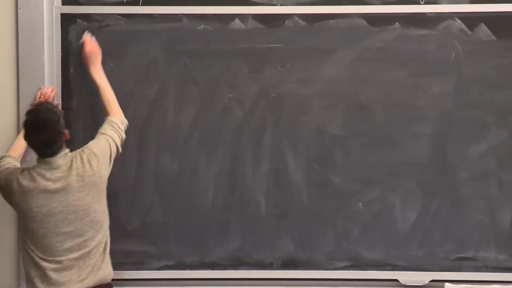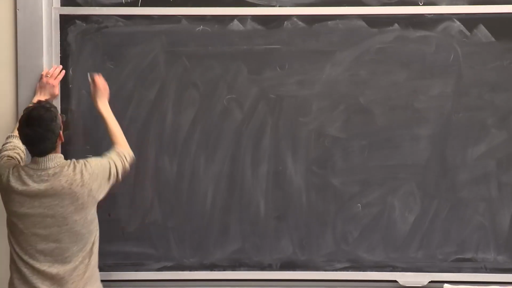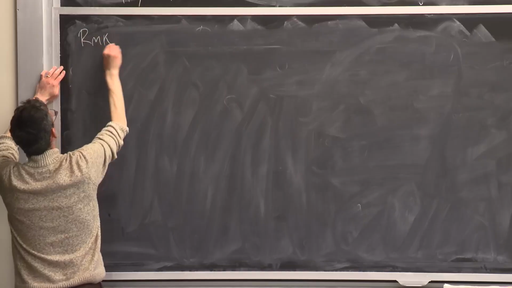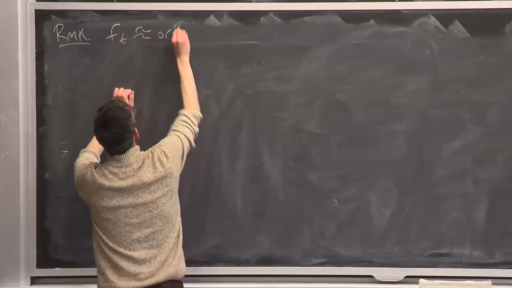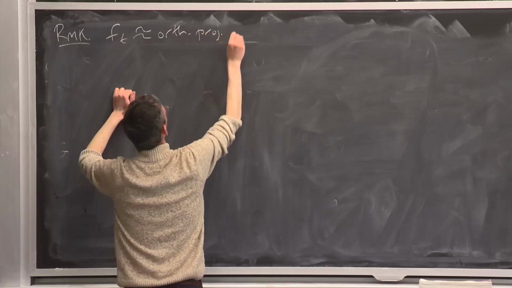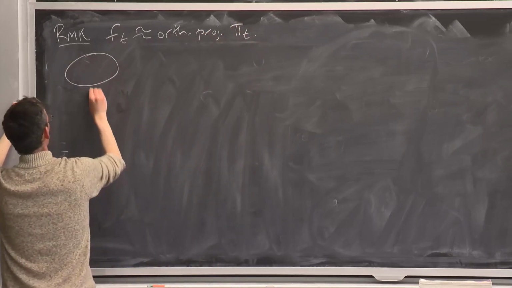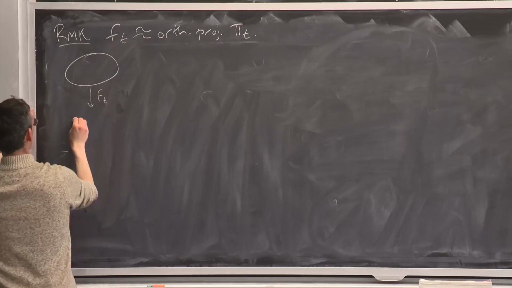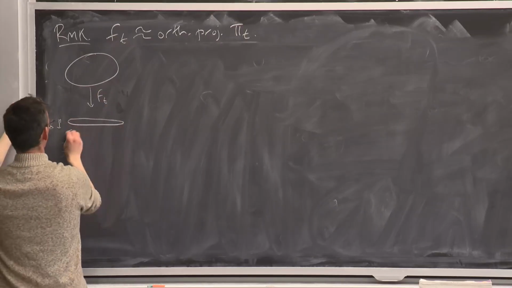OK, so now the next remark is that these maps look a lot like linear projections. So remark: ft is approximately an orthogonal projection pi t. So let me make a picture. So ft does something like this. And this thickness is delta. This is 1.